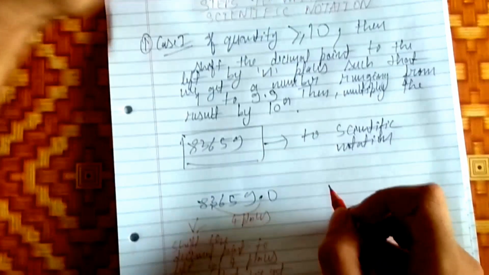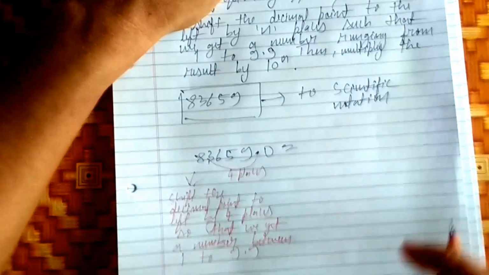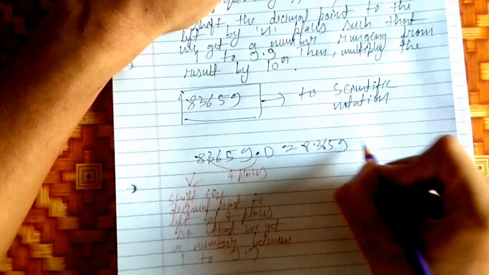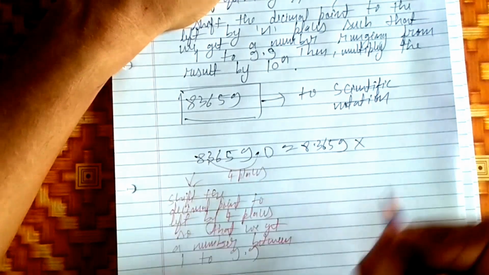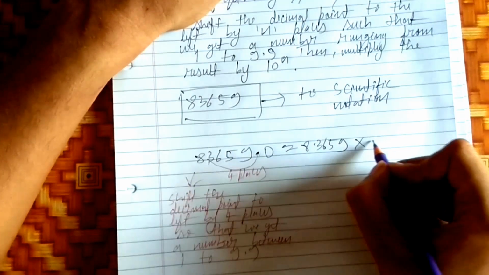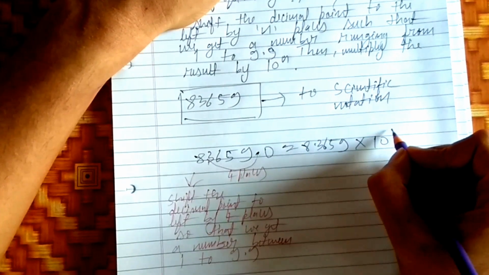So this will be 8.3659, into, and we know that we have to multiply the result by 10 to the power n. Since we have shifted by 4 places to the left, it will be multiplied by 10 to the power 4.